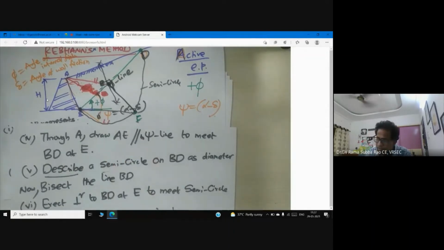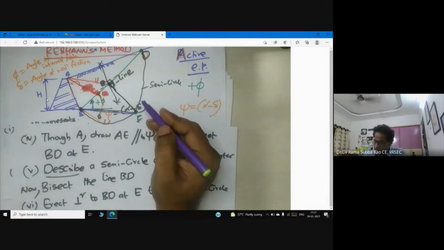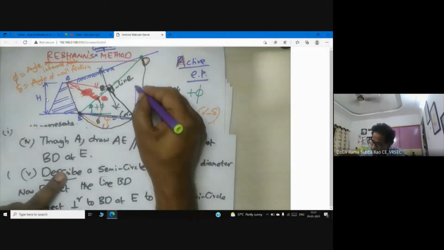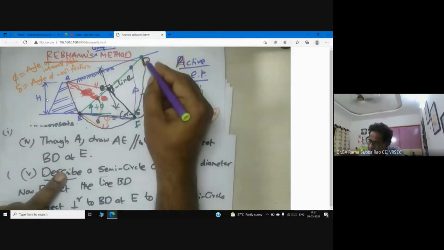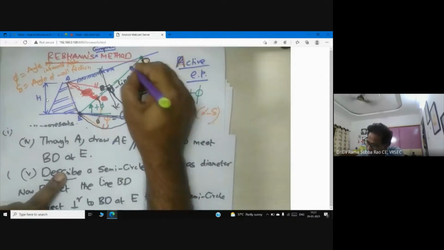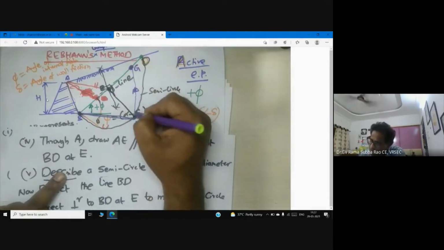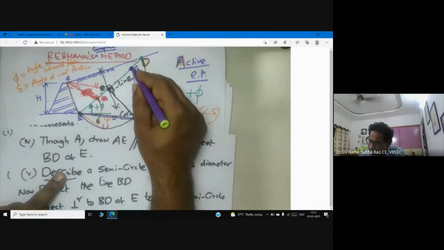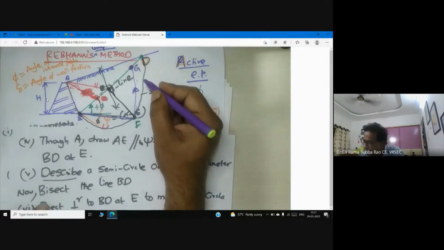So I will choose another color. This BF as radius. Okay. Now draw an arc. This is the arc now, which intersects the BD at G. This is G now. Okay, this point is now transferred to BD. So now you can see, it's very interesting to see.